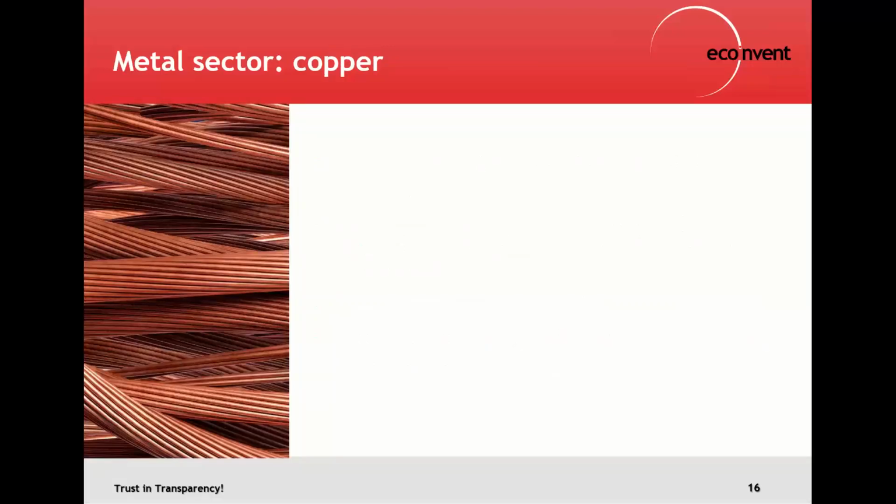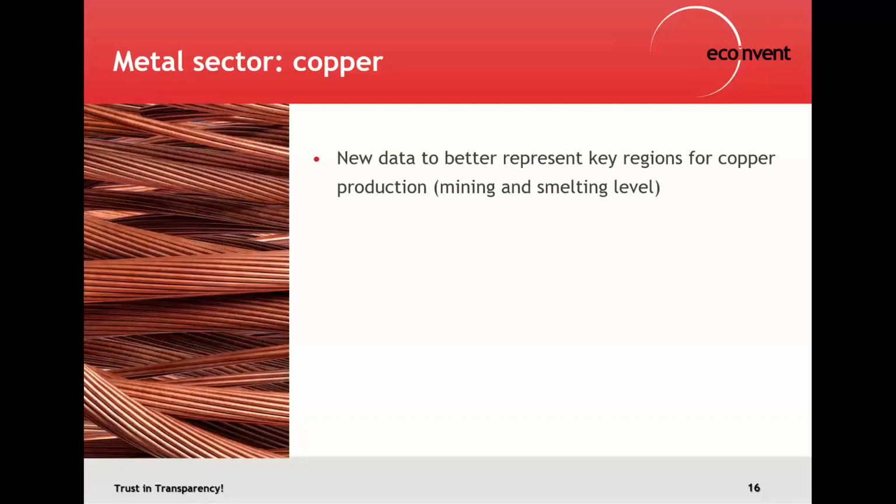The metals I'm going to mention in this and the next slides have been updated by EMPA, the Swiss Federal Laboratories for Material Science and Technology, under a project funded by BAFU. So the main goal of the copper update was, in this case, to provide regionalized data that will better represent the local production conditions in the areas where the mining or the smelting of copper was taking place.